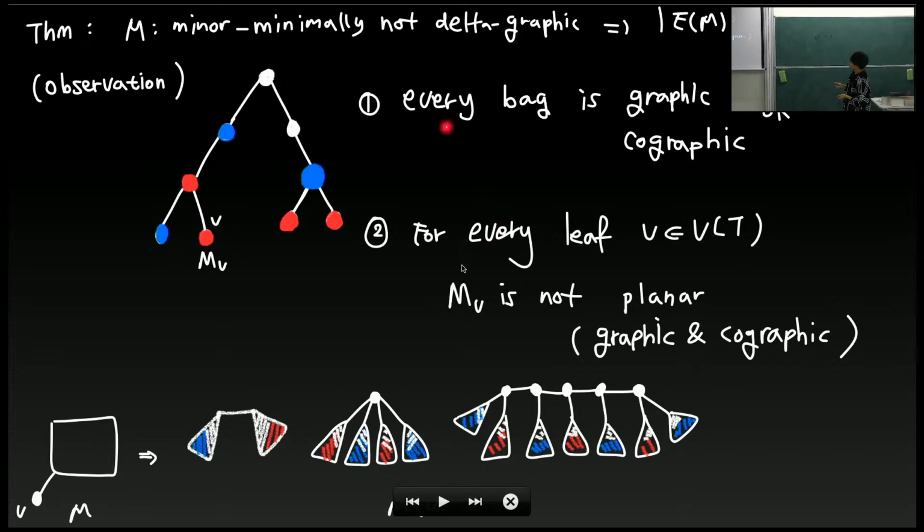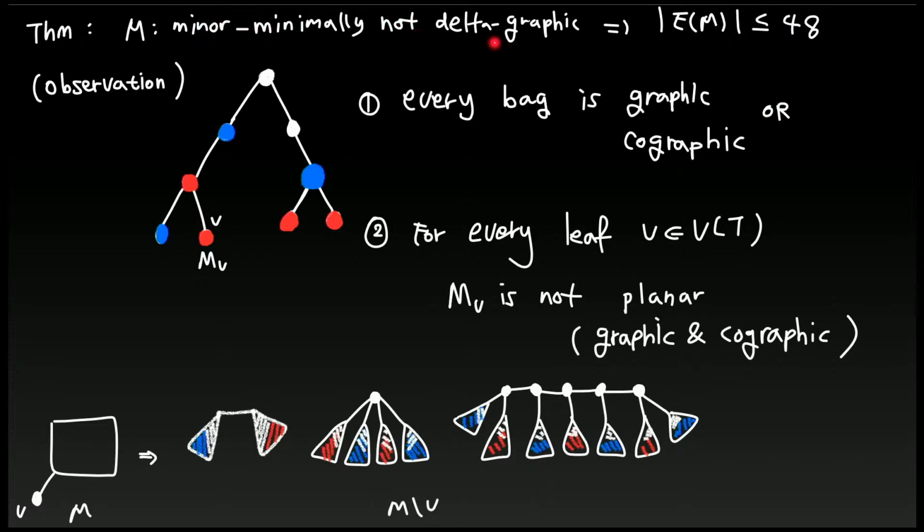Let M be a matroid which is minor-minimally not delta-graphic, and a tree decomposition is given. Here are some observations about this matroid. First, we can assume that every bag is graphic or cographic.